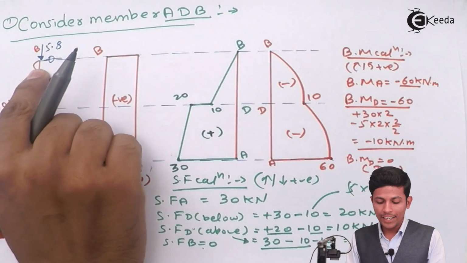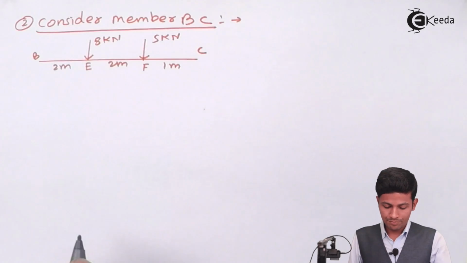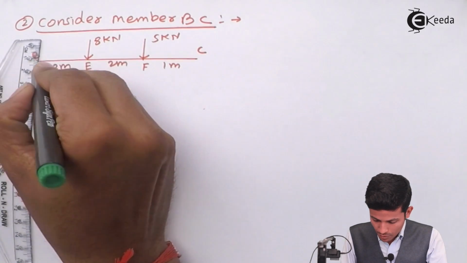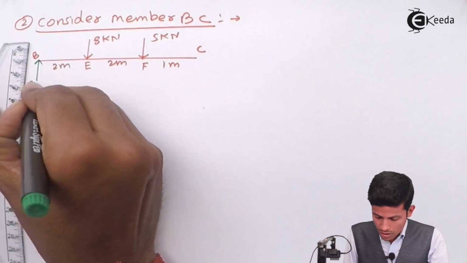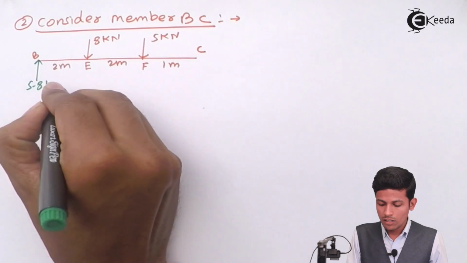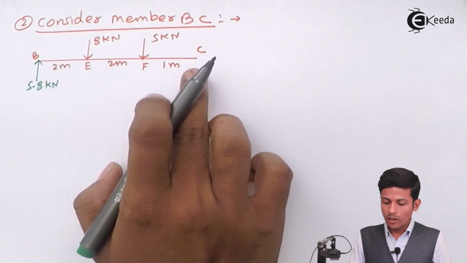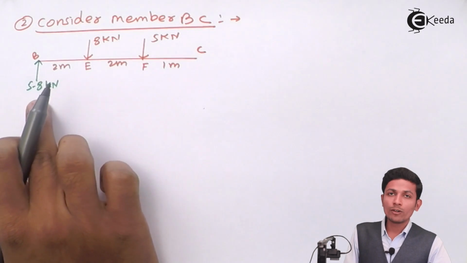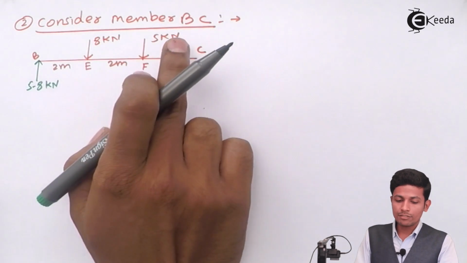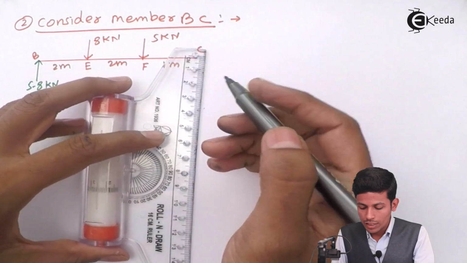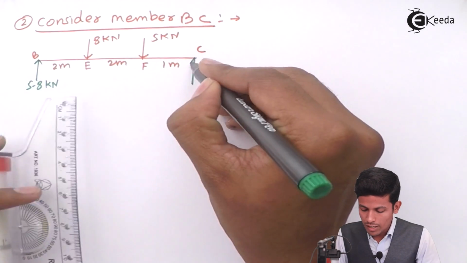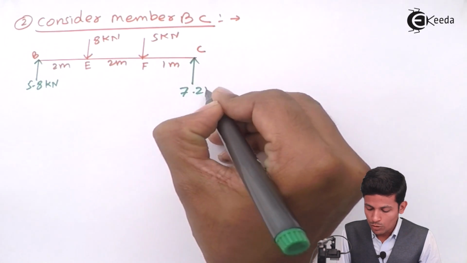To balance this point, 5.8 goes upward. Now how does it come like this? See, this 5.8 going up, minus 8 plus 5 plus 5, you get this value also. This value will come 7.2 kilonewton upward.